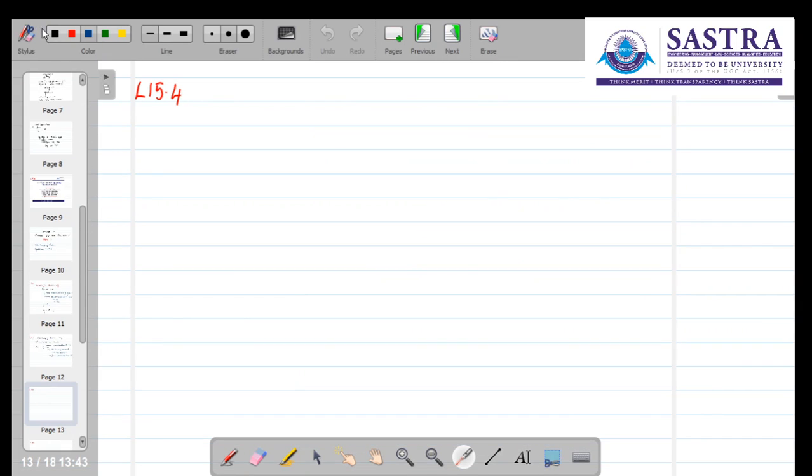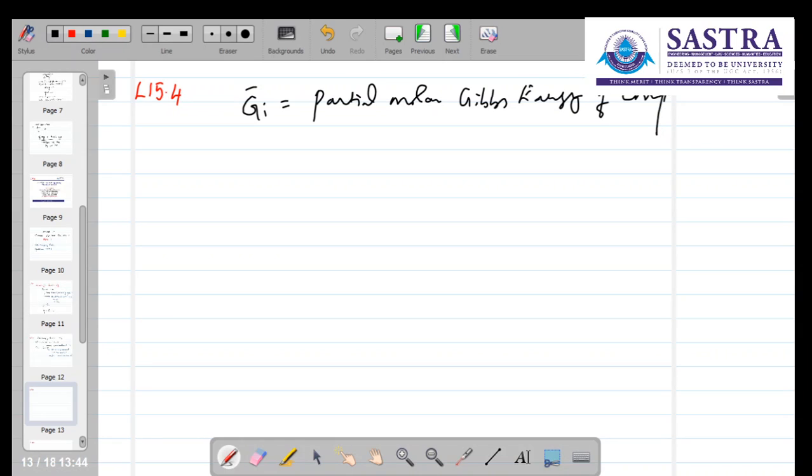Now to do that, this G i bar, which is the partial molar Gibbs energy of component i in the system at a given temperature and pressure, we know is given by G i bar proportional to RT ln f i cap.